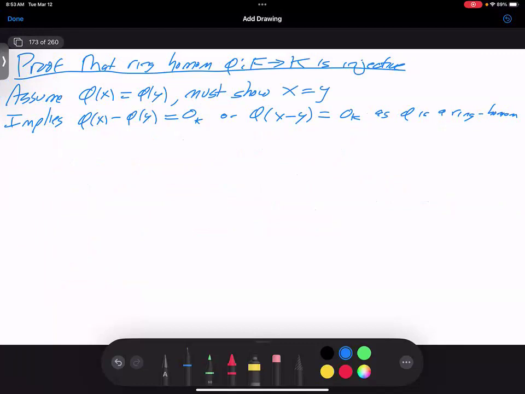Okay. So this means x minus y is in the kernel of phi. It's something that's sent to 0. So the question is, can there be more than one thing sent to 0?